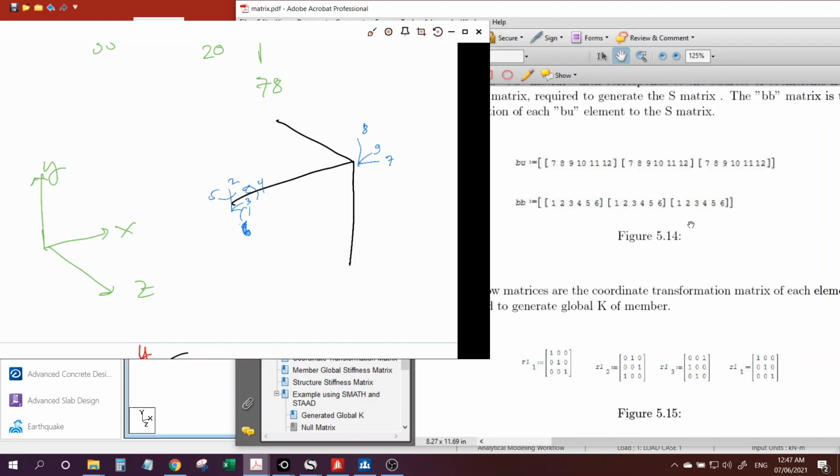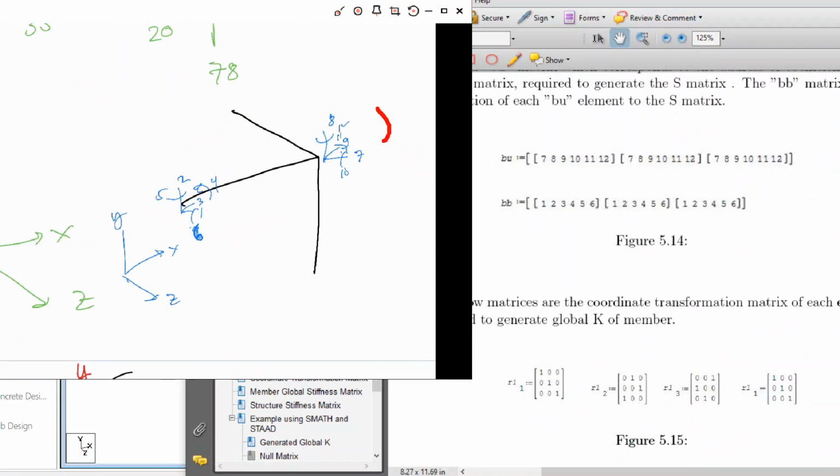Okay. If this is my X, say Y. 7, 8, 9, then 10, 11, and then 12. That's why what remains, since we are getting these displacements here, that will be 7, 8, 9, 10, 11, 12, right?